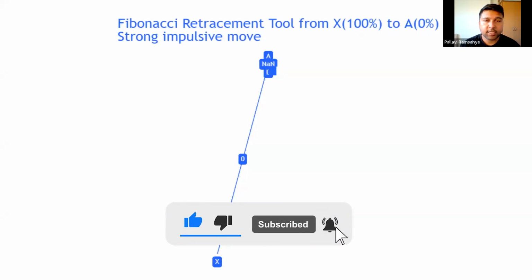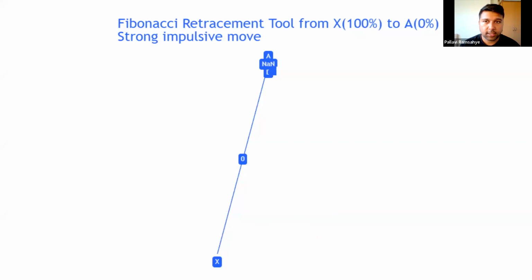X to A is just from one point to the next point. It doesn't need to be from top to bottom or bottom to top, it doesn't matter which way it is. Just get used to placing your Fibonacci tool from X to A. In these sessions, X is 100% and A is 0%. So we're getting used to that movement, and to placing it.